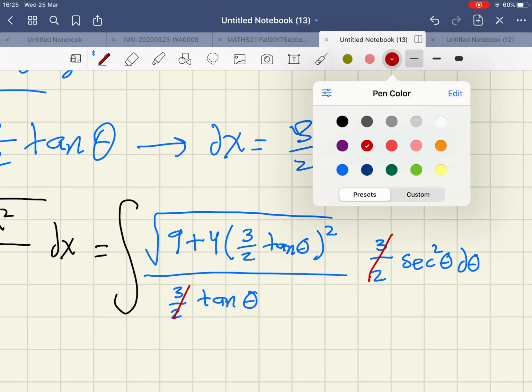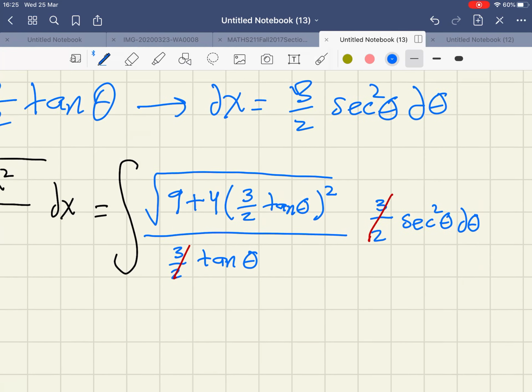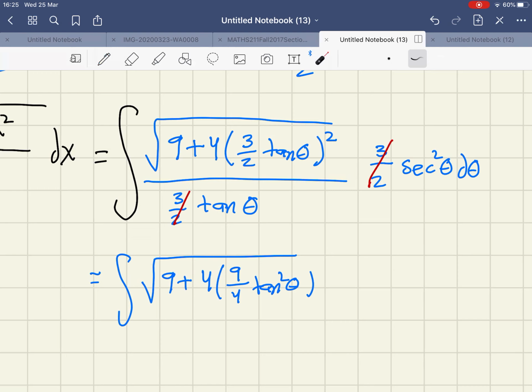Now this one here will be what? Let me go and find it here. It will be square root of 9 plus 4 times 9 over 4 tan square theta. If we take the square on the tan, square on the 3, square on the 2, we get this one.